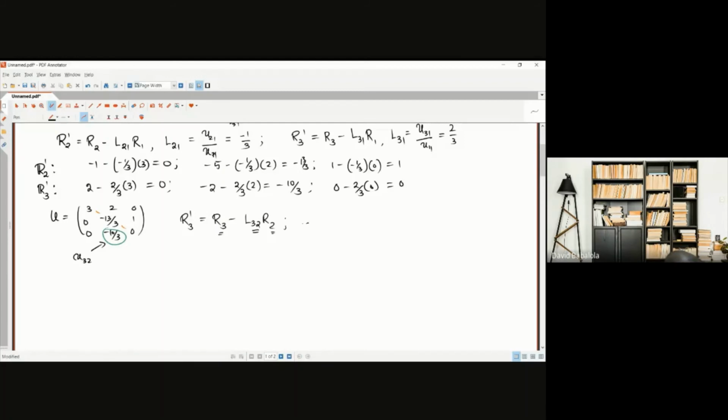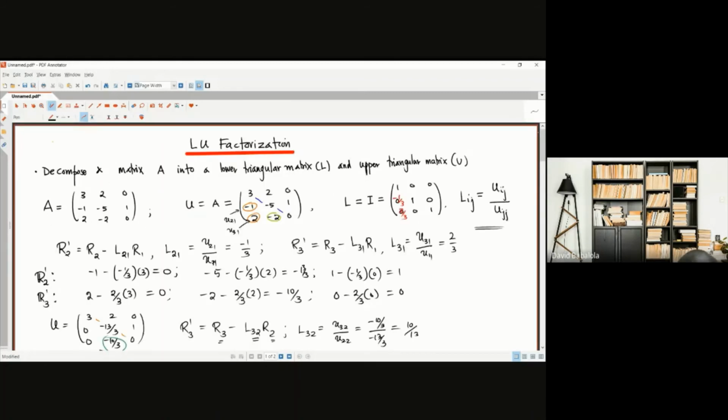Our L32 will be U32 over U22. U32 is minus 10 over 3 and U22 is minus 13 over 3. That gives us 10 over 13. So remember, we're going to put this in our L matrix, 10 over 13. That's a kind of record keeping.